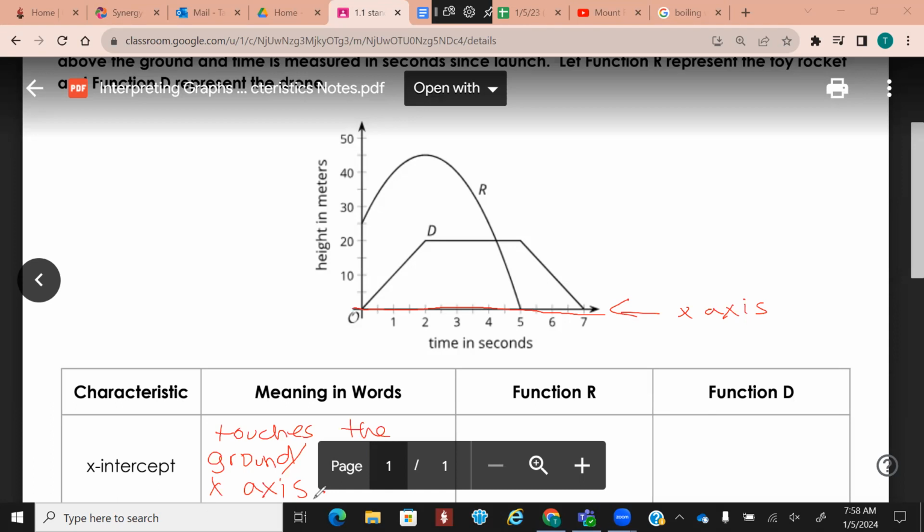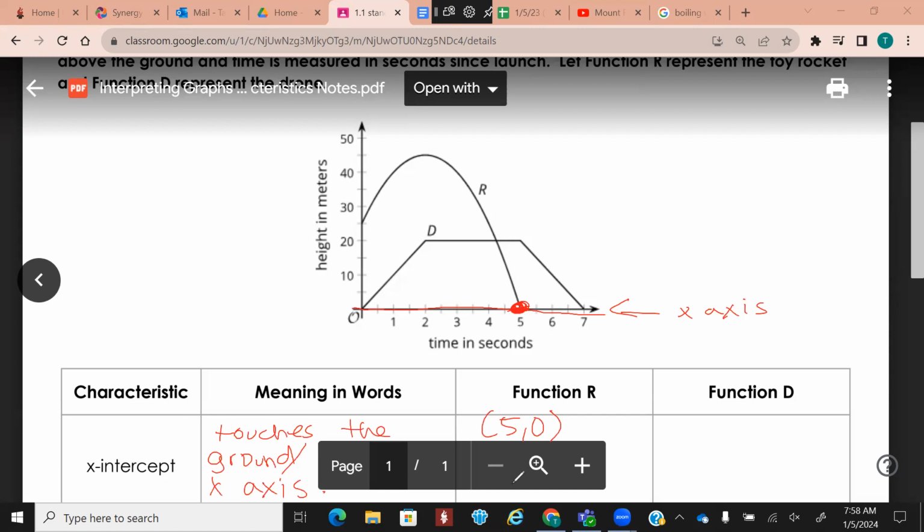Now, when we launch a rocket, normally we launch it from a cliff or higher up, so it can get more height. Where did this rocket touch the ground? Where did it touch the x-axis? At 5, so we're going to call this (5, 0). After 5 seconds, the rocket touched the ground, right?